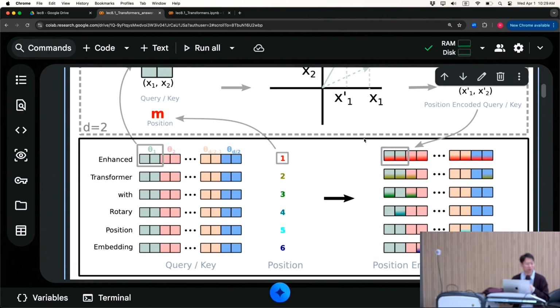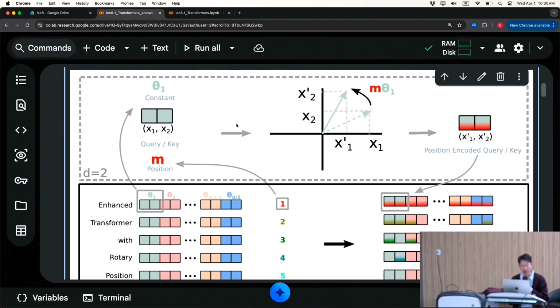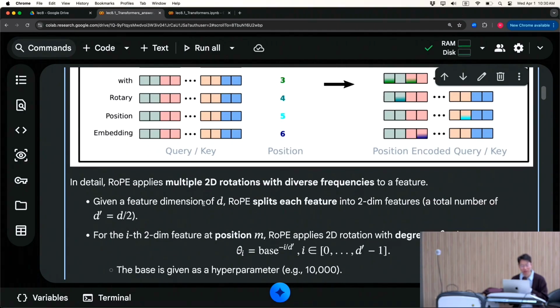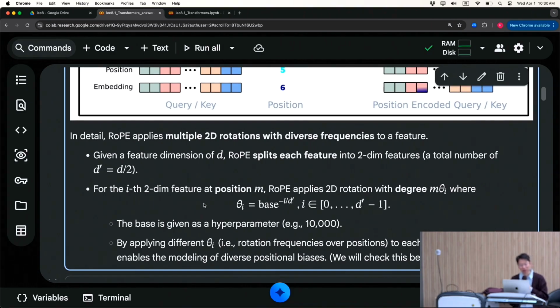In detail, we slice 2 dimensions each, apply rotation, move on to the second pair, apply a slightly different rotation, and so on. So what is slightly different? For each feature dimension, we slice it into two-dimensional consecutive pairs or chunks.